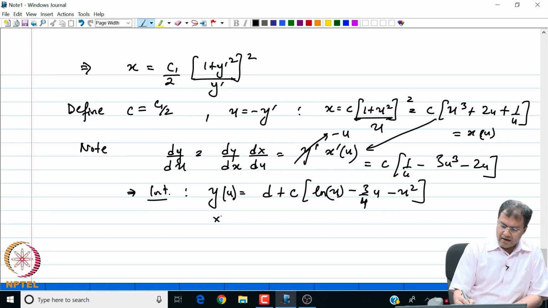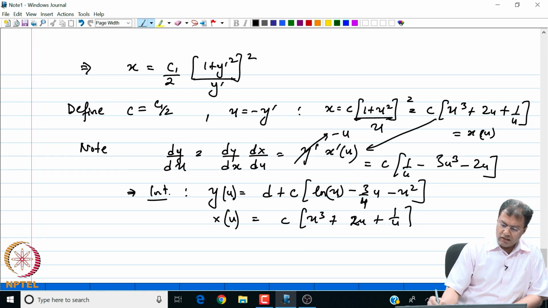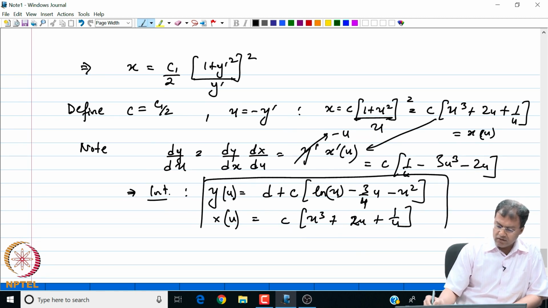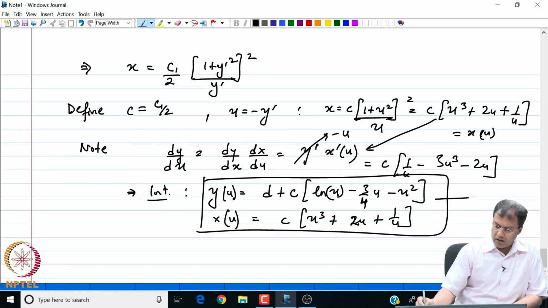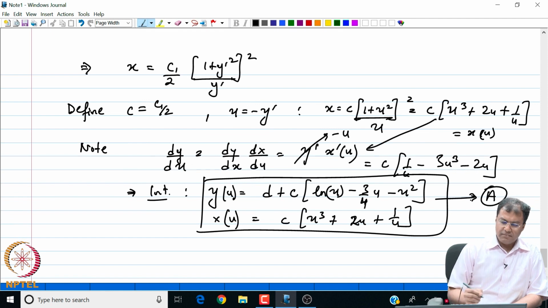And I can write down x of u, which we have found earlier, as C times u cube plus 2u plus 1 by u. So this is my parametric representation of the extremal for both the components x and y. Let me call this solution A.